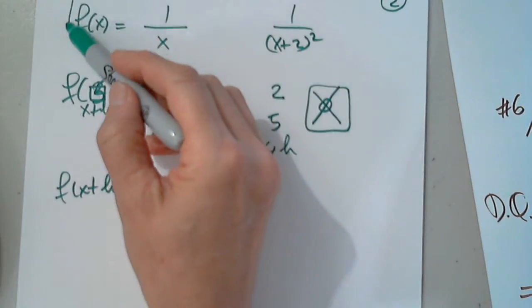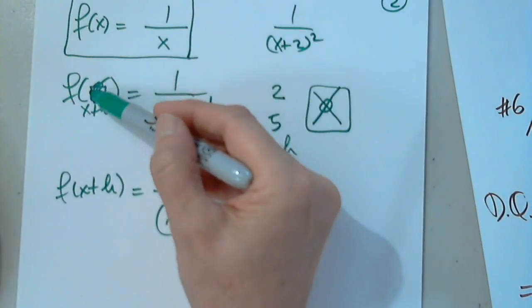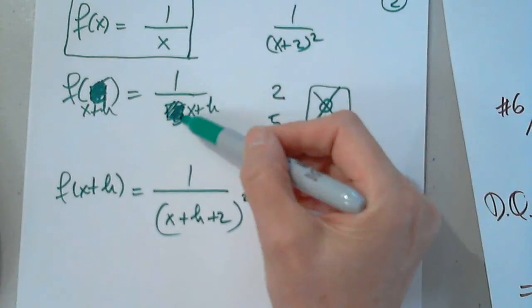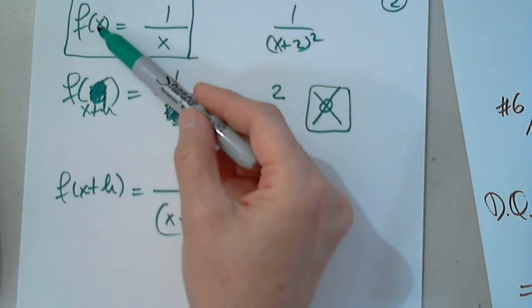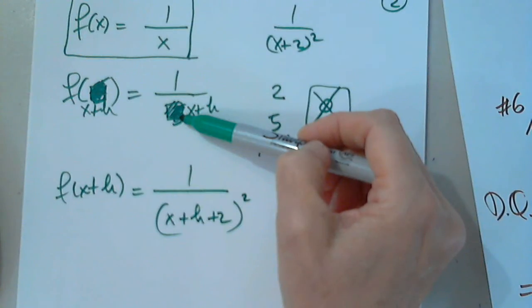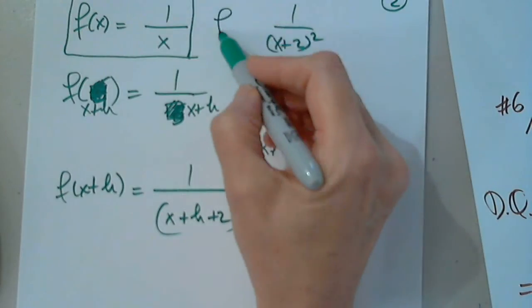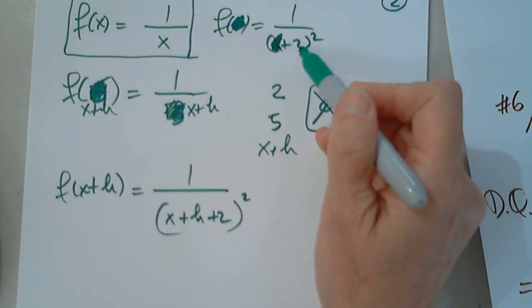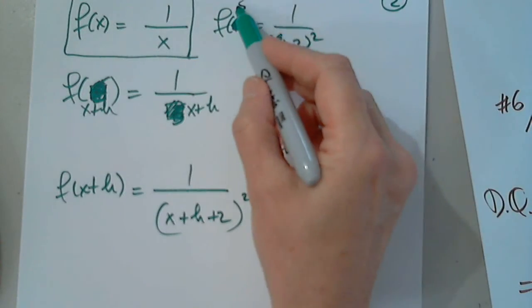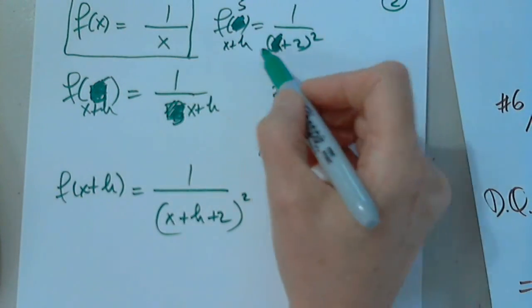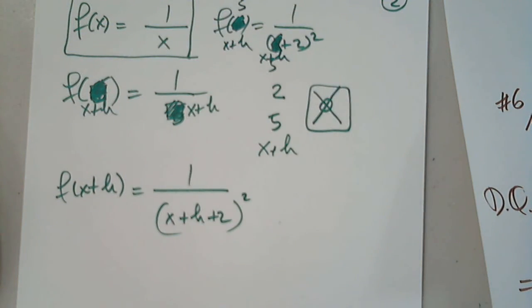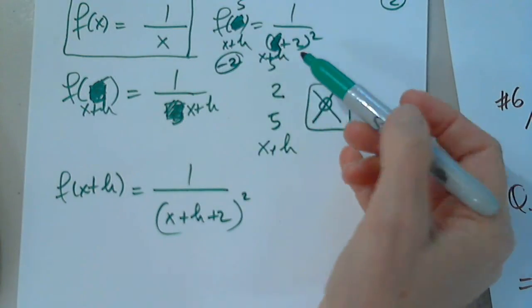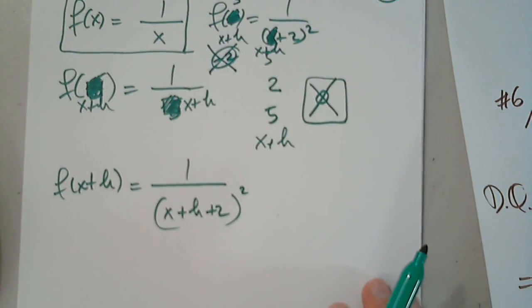So when I'm given a function, this is what I see: f of whatever is 1 over whatever plus 2, everything squared. If this is 5, I have here 5. If this is x plus h, I have here x plus h. Whatever. But again, don't give me -2. If you ask me to plug in -2 here, I'm going to say nope, this is the only one I can't, because I have 1 over 0.